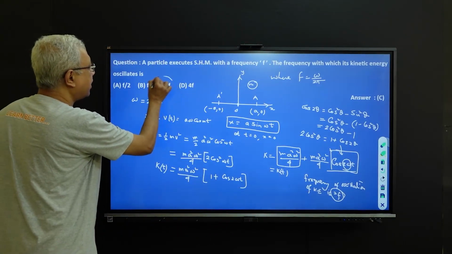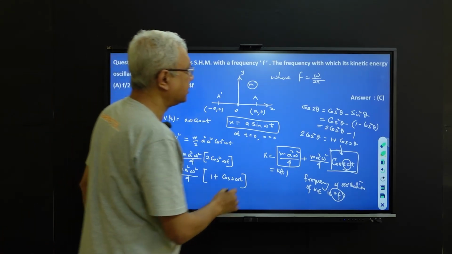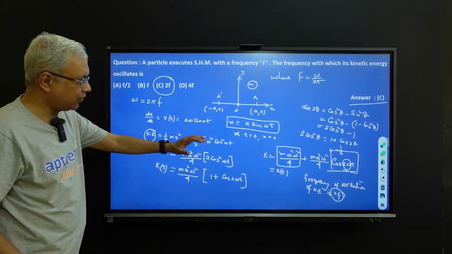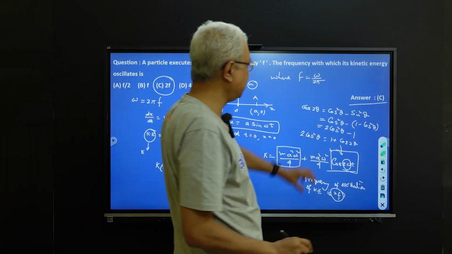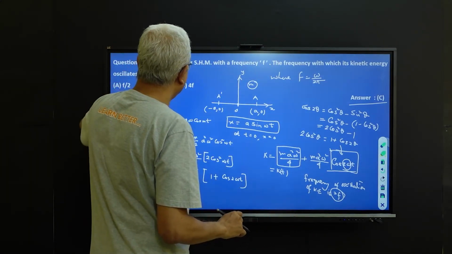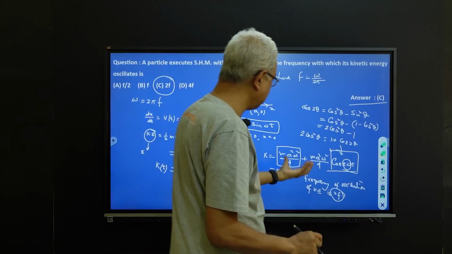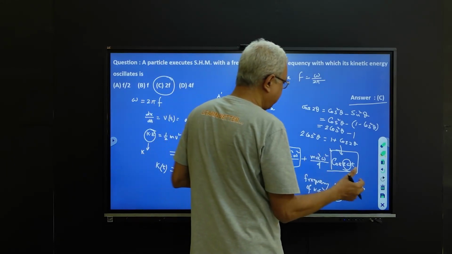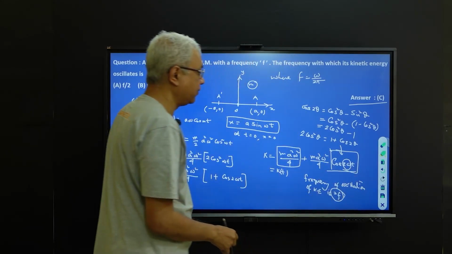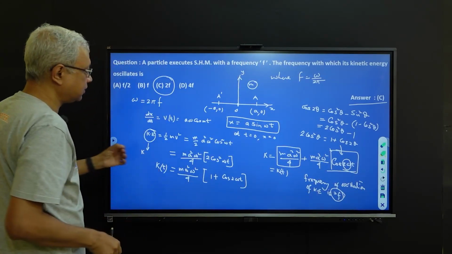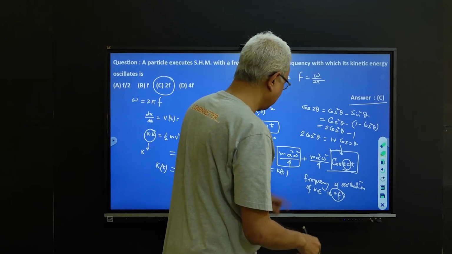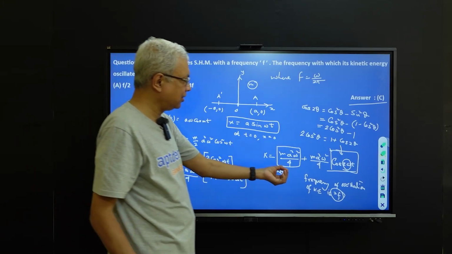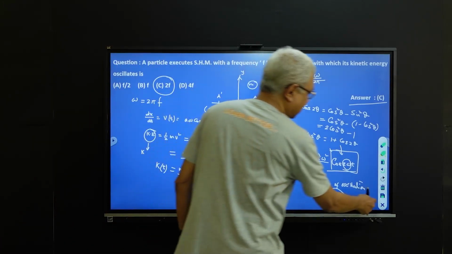So 2f is the correct answer and therefore the answer is C. Okay, so it is quite interesting that kinetic energy is a quantity pertaining to this motion which is also fluctuating with time, and the frequency of fluctuation is twice f. f is the frequency of SHM. I hope it is clear. Very simple but quite interesting.